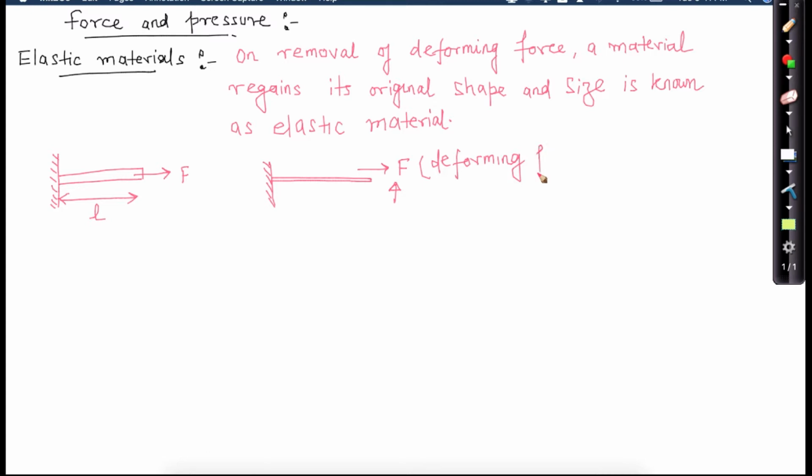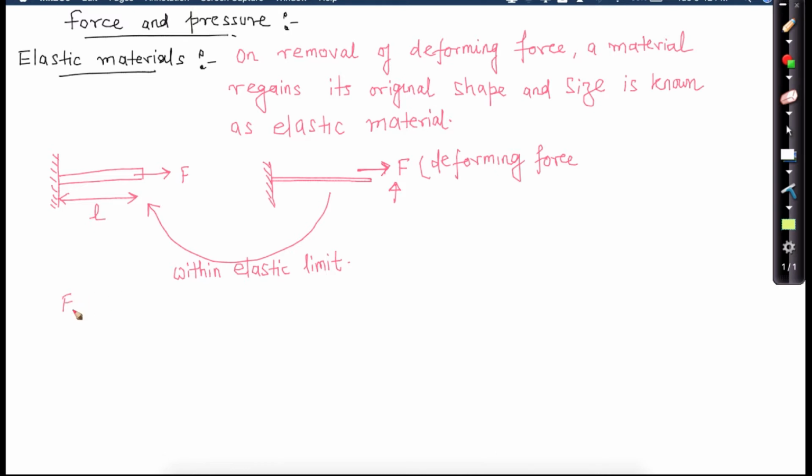So if you remove this deforming force, on removal of deforming force, the body will again regain its original shape and size. And this is applicable within elastic limit. If the force is very high, meaning beyond the elastic limit, then the body won't regain its original shape and size.